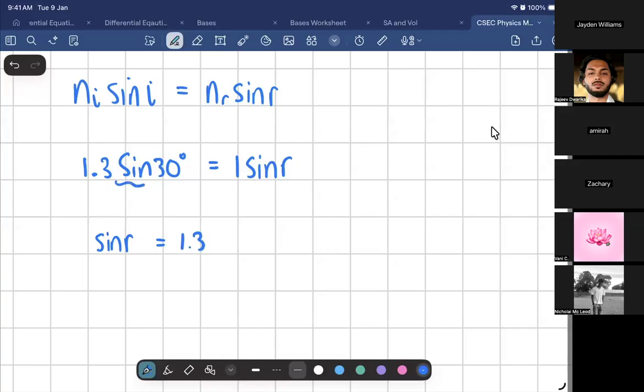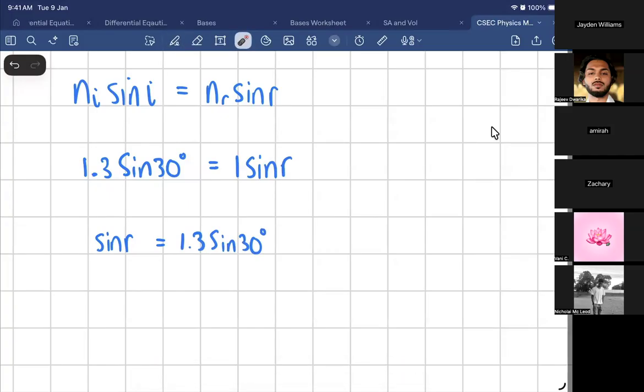Okay, but what happened to the sine 30 though? The 30 can't just disappear. So sine R is equal to 1.3 sine 30. I didn't change anything here, Amira. I just flipped it around. 1 sine R is just sine R.